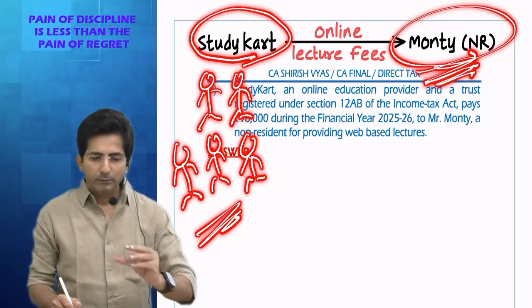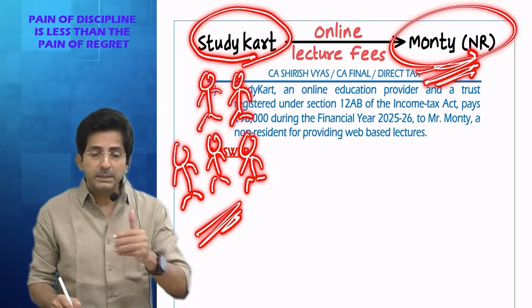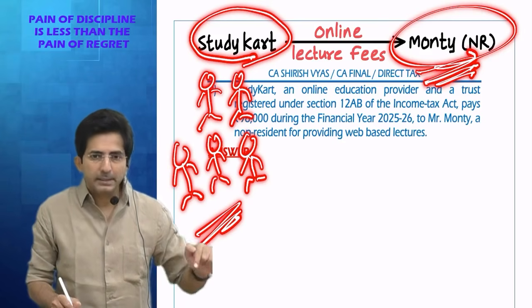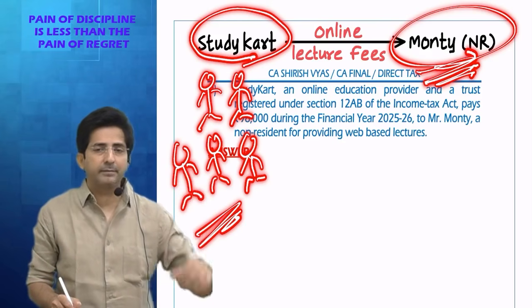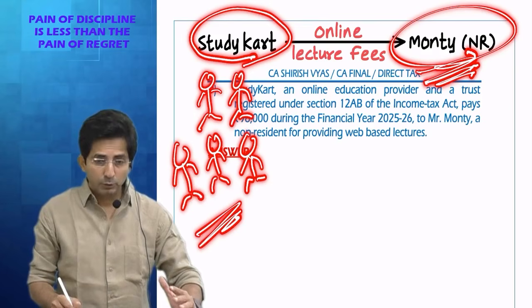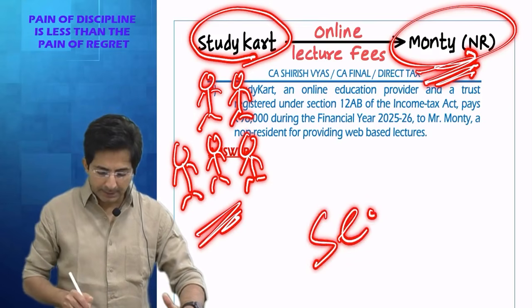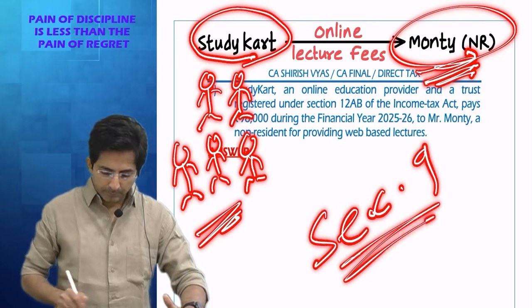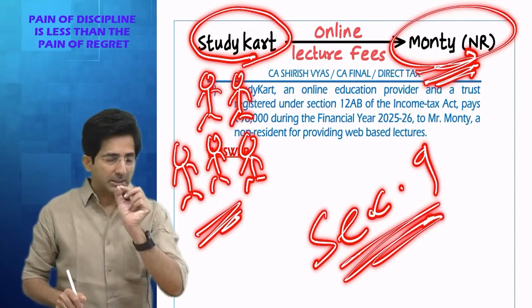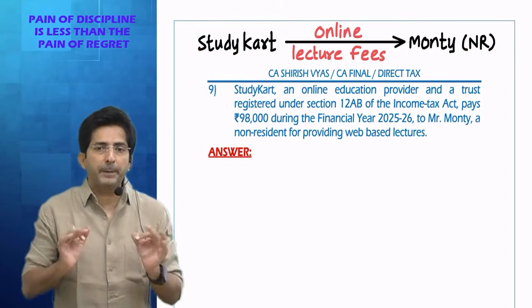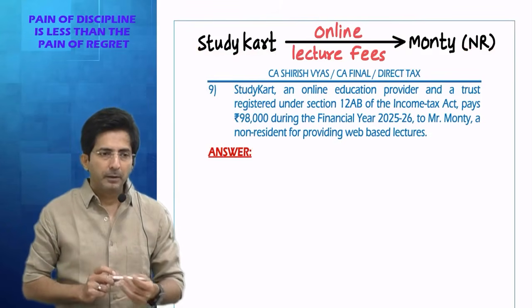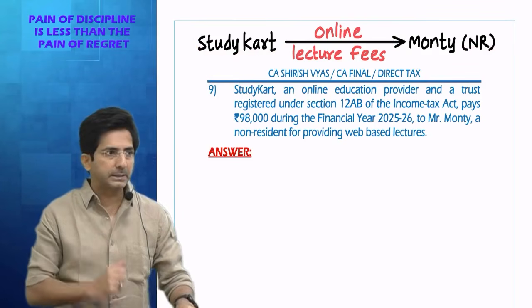Because whenever someone earns business income, income is said to accrue in India only if the NR has a permanent base in India. There is one rule. This I will explain in section 9 later. Later on I will teach section 9, which says for PGBP people, what is PGBP? People having profits and gains from business.